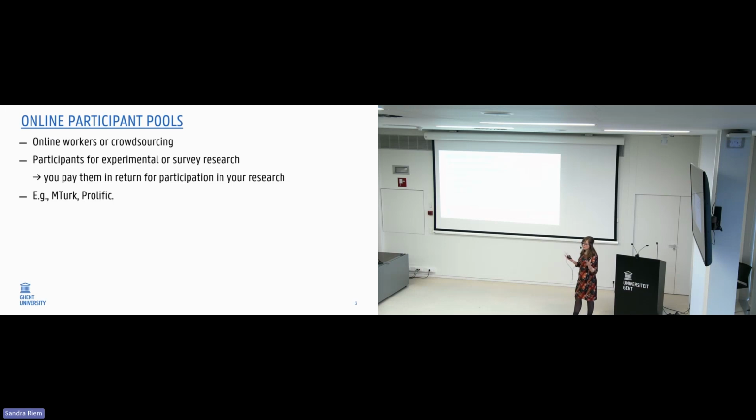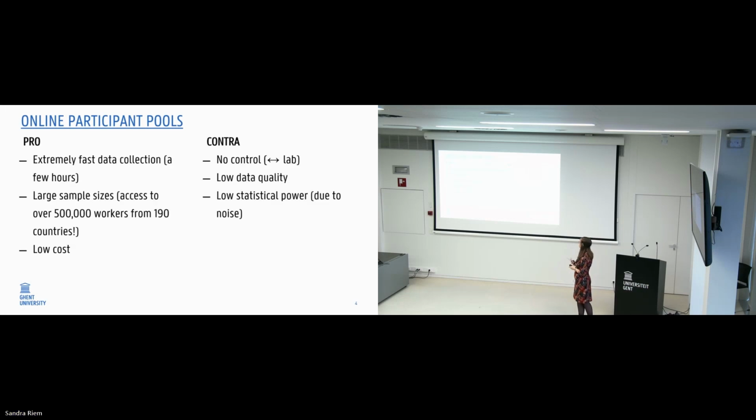These participant pools can act as participants for experimental or survey research, and you pay them in return for participation in your research. Some examples are mTurk and Prolific. There are other online participant pools, but I focus on these two because I know them best from my field of research. But I think most of the tips and tricks are valid for all online pools.